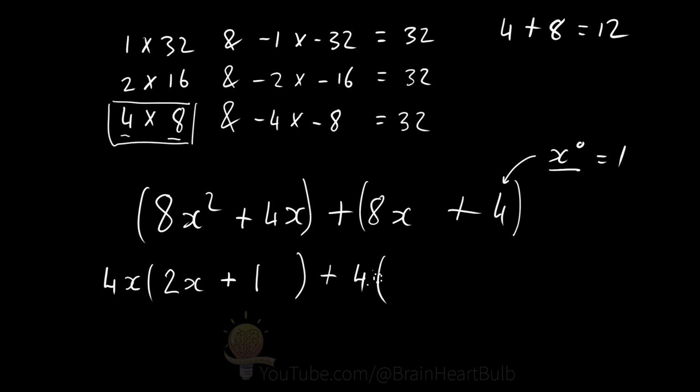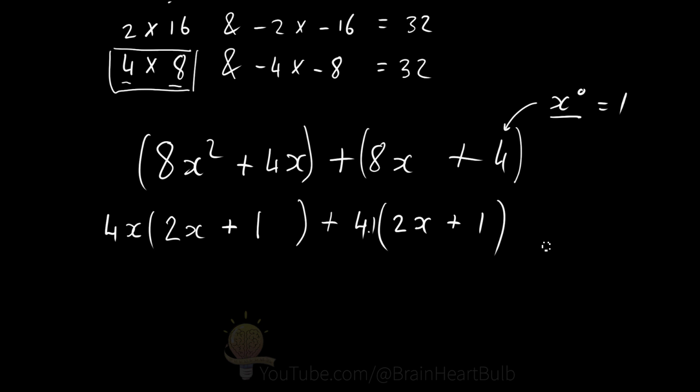So we've got 4 times 1 outside of the bracket, which is equal to 2x plus 1. So now if we factor out the highest common factor out of this expression, we get 4x plus 4 multiplied by 2x plus 1.